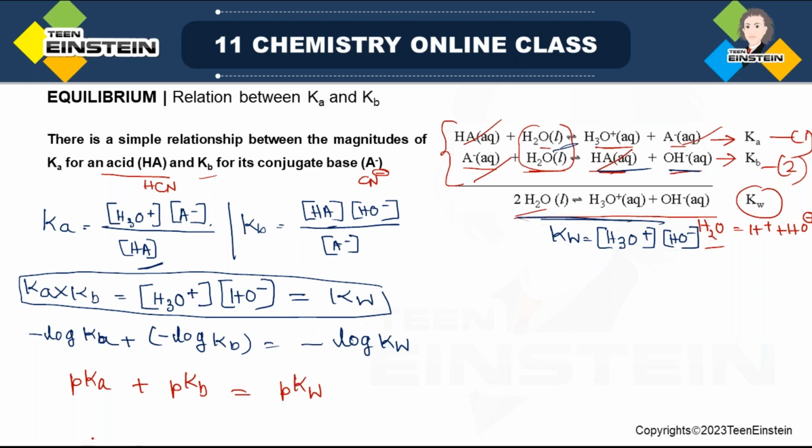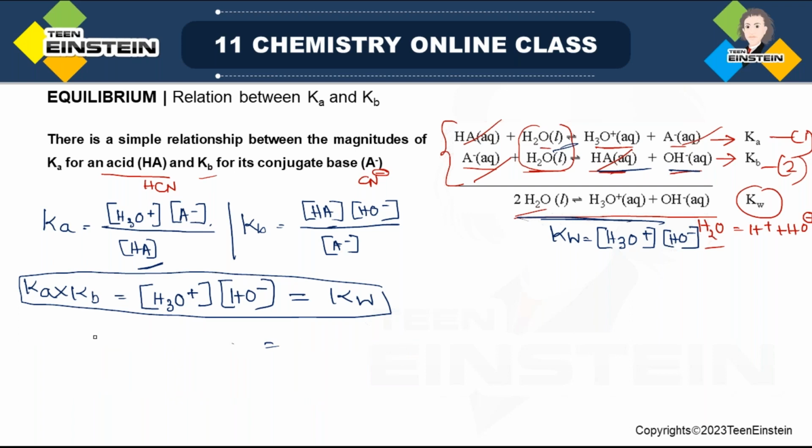One mistake I have made. I will take the negative log for these two expressions, not Ka and Kb.